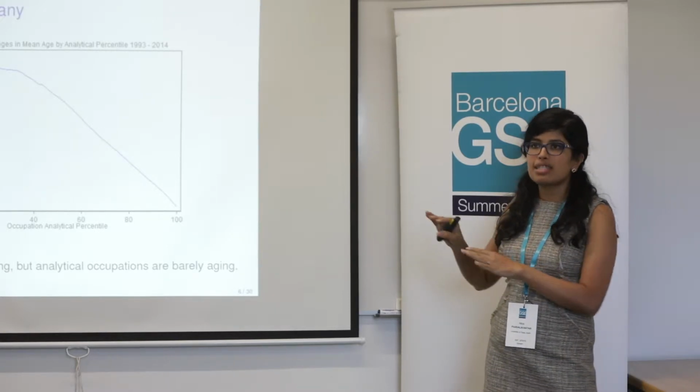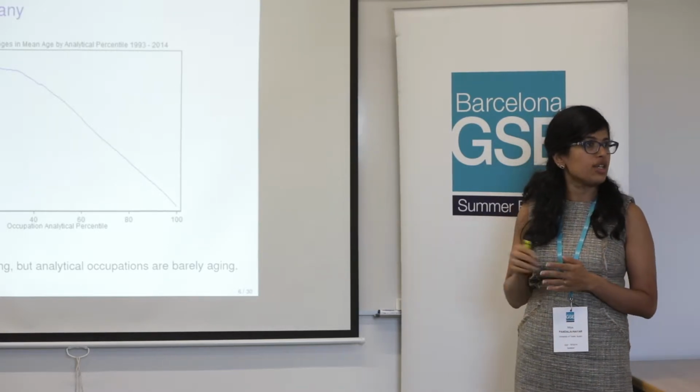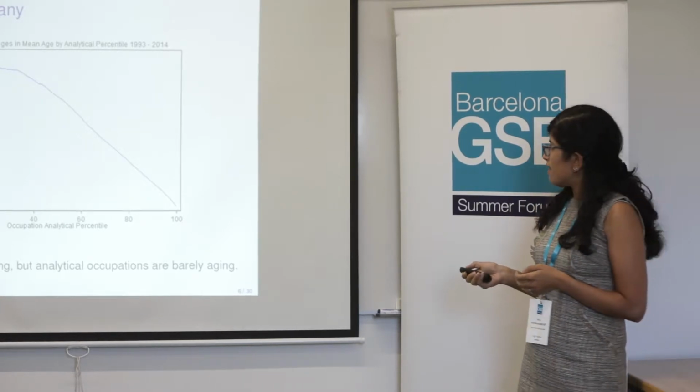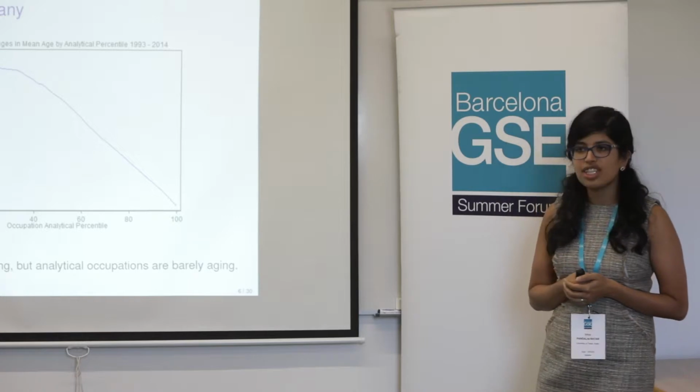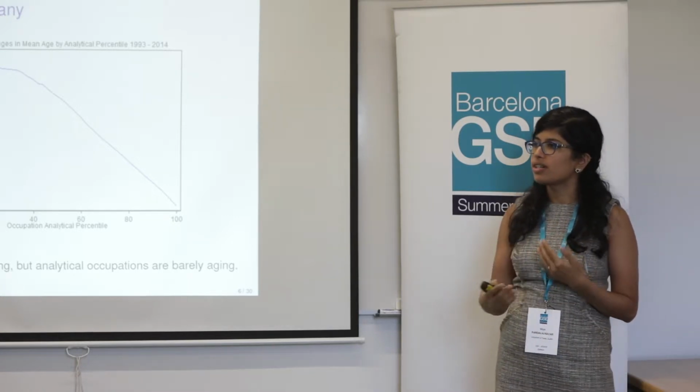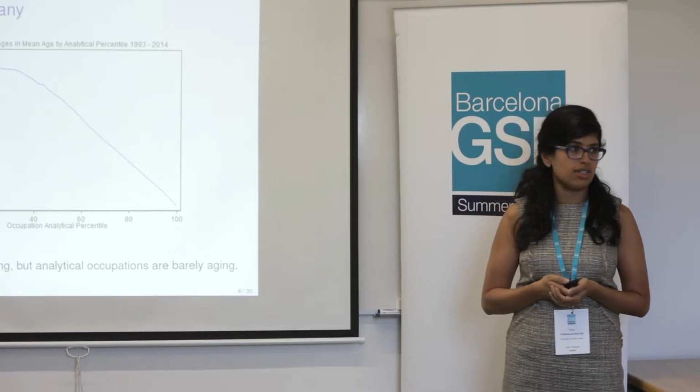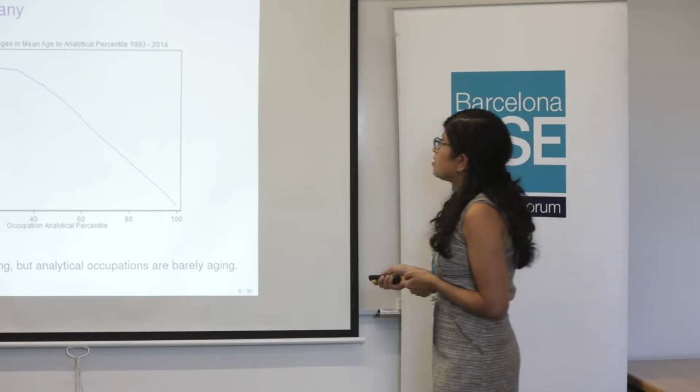And this is against the backdrop that Germany as a whole has an aging workforce. So the fact that analytical occupations are not really aging that much suggests that it's mostly young workers entering these analytical occupations.